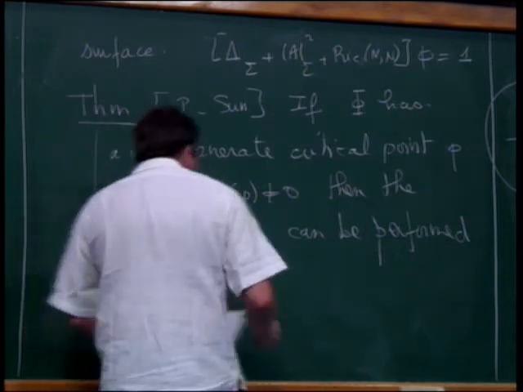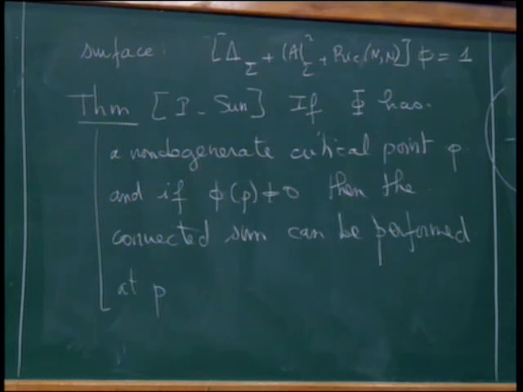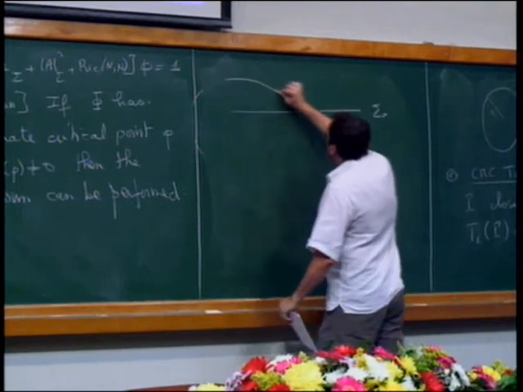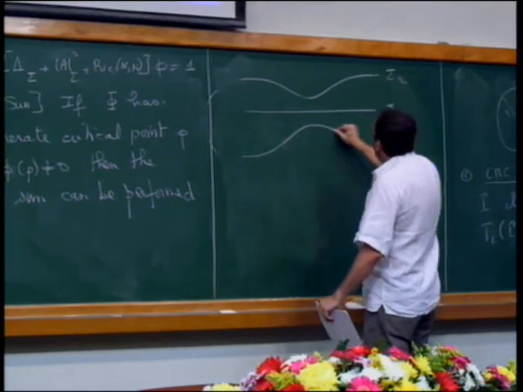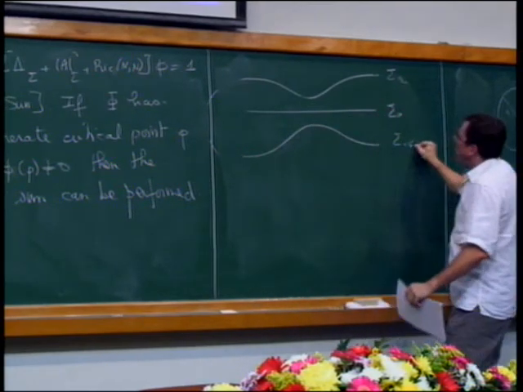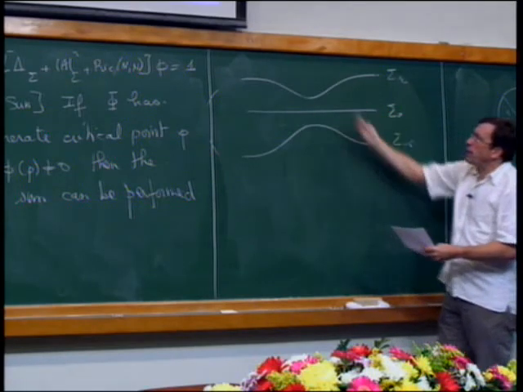Let me do one drawing, and on a drawing this will be very clear. So here I have sigma 0. This will be sigma epsilon, and let's say this will be sigma minus epsilon. If epsilon is very small, the picture is exactly like this.